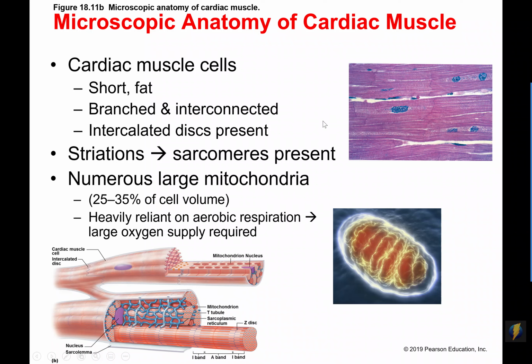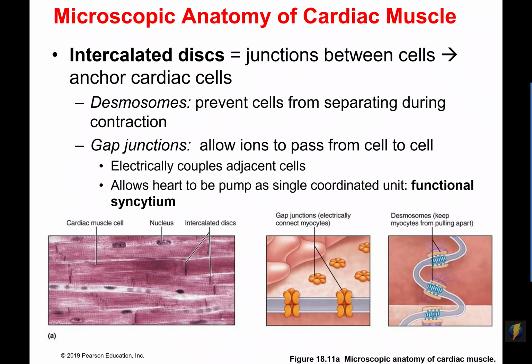So let's talk about those intercalated discs in just a little bit more detail, because they are so incredibly vital in terms of the functionality of the heart. So the intercalated disc is essentially a junction between the cells. It helps anchor those cardiac cells together, but it actually has two parts to it. It's not just an anchor.